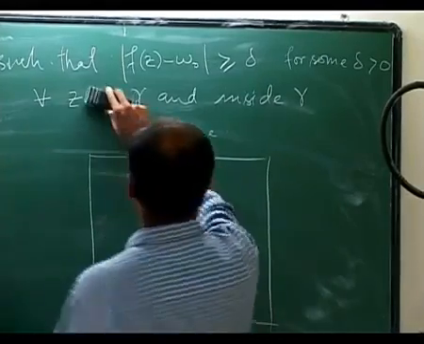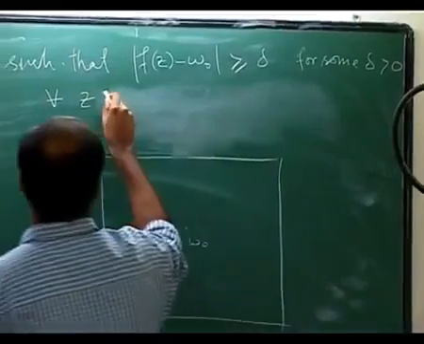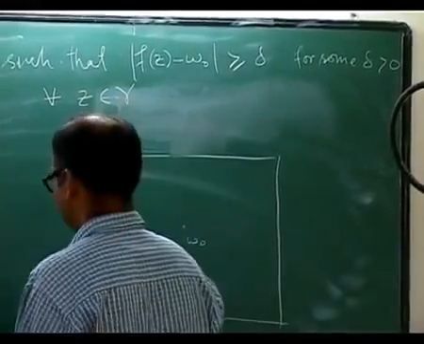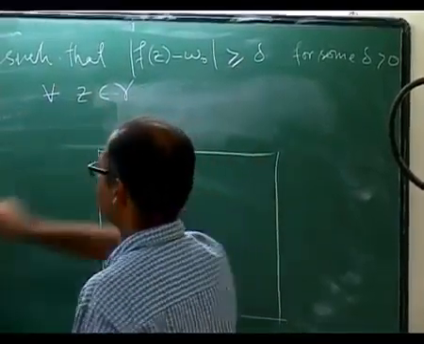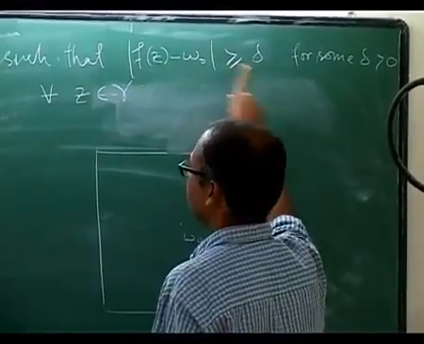So this holds for all z on the curve. Because it doesn't have 0, you can always find a positive difference from 0.